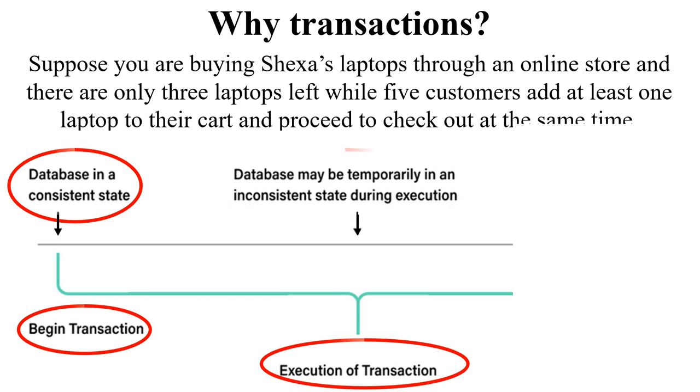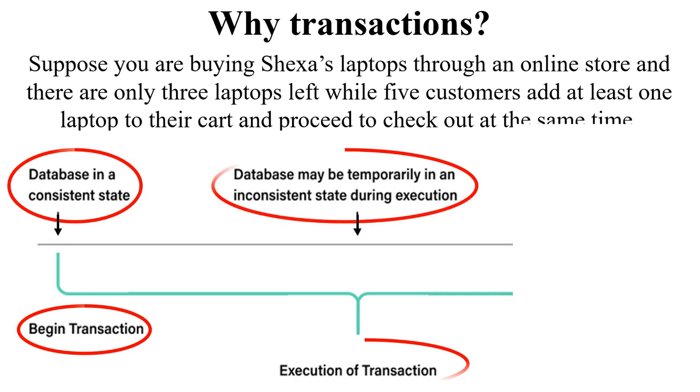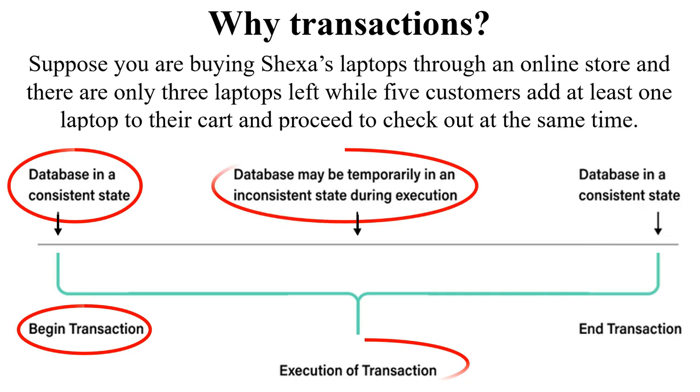But the moment we finish the execution, we expect that the database must be in a consistent state by the end of the transaction. So that's how we run a transaction.